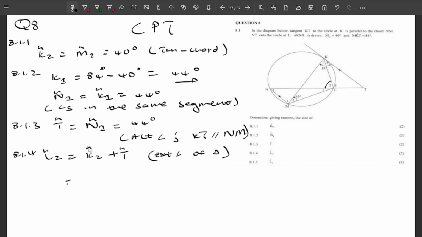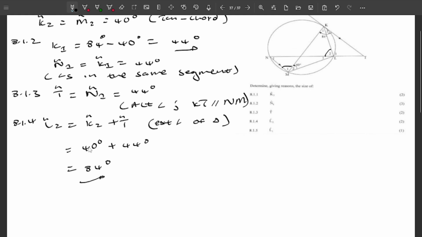Do we have K2? Of course, it's 40 degrees. What is T? 44 degrees, which gives 84 degrees. Someone may say 84 degrees looks familiar. We could have tried to find it using angles in the same segment, but it's going to take you a lot of time, so don't do that, guys.